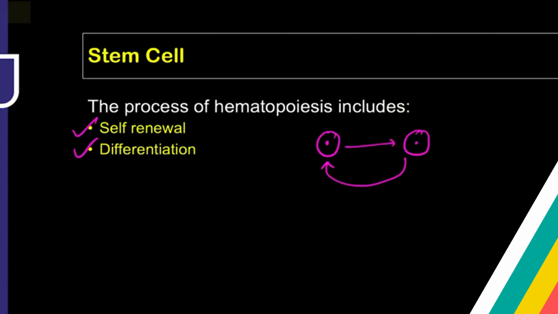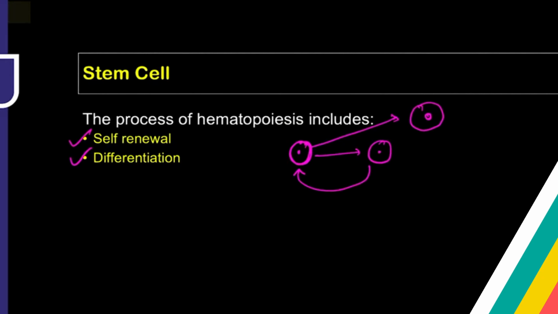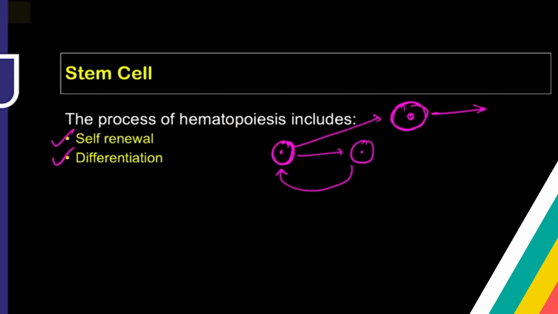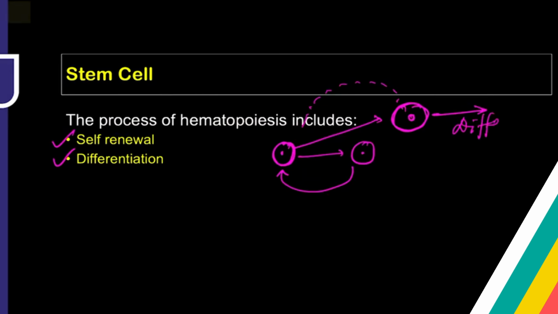But suppose during cell division, it is giving a cell which is completely different from the mother cell. Okay. So this cell, which is completely different from the mother cell, will follow a different pathway and will not come back into the community again. So this is known as the differentiation.